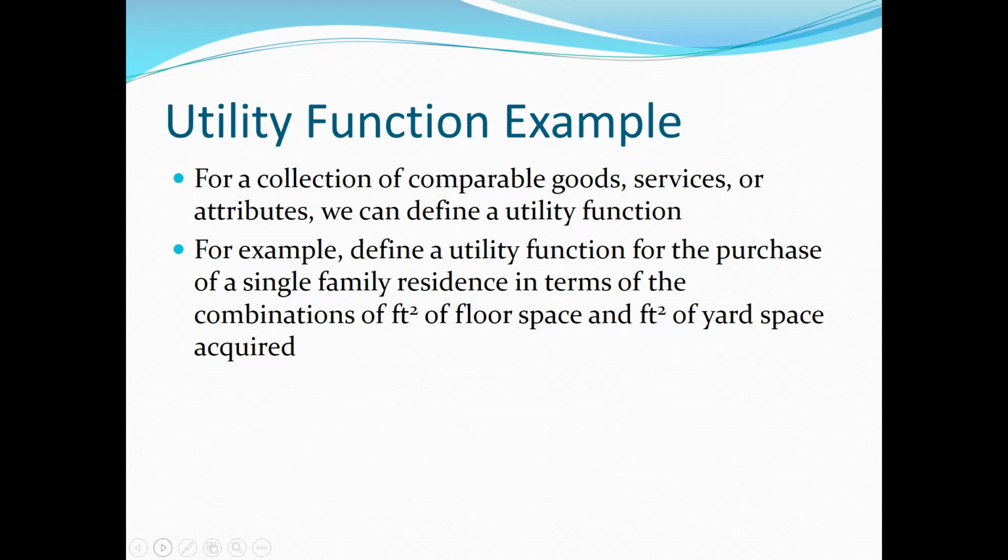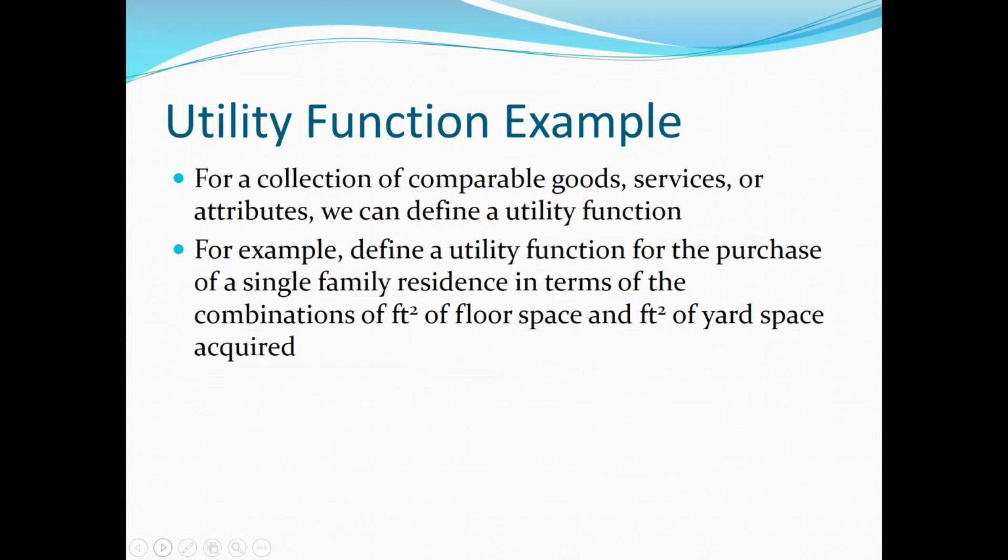For a collection of comparable goods, services, or attributes, we can define that utility function. For example, a utility function for the purchase of a single family home in terms of floor space and yard space. So now we're getting to the point of the example. How do we measure utility? We ultimately measure it based on the price.